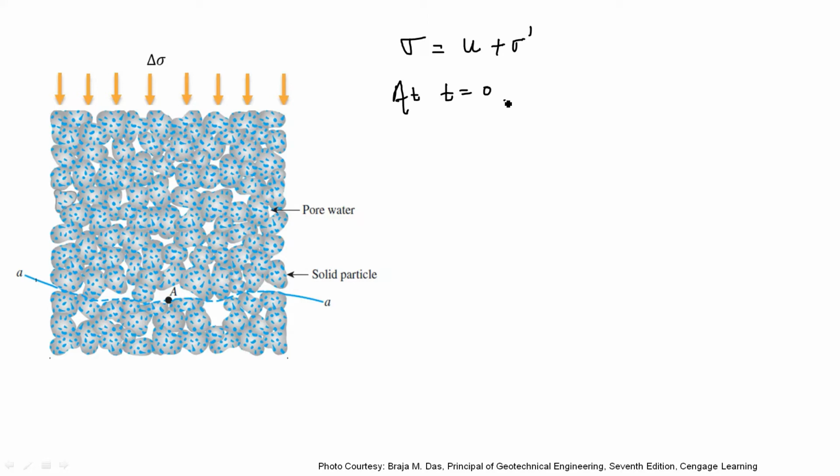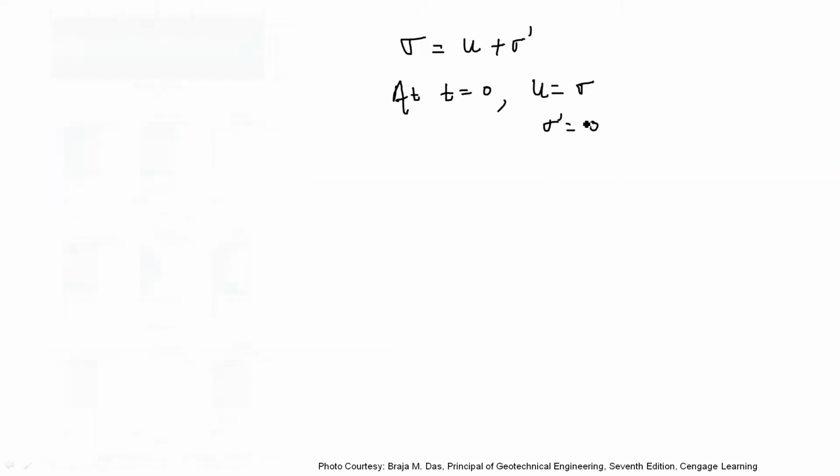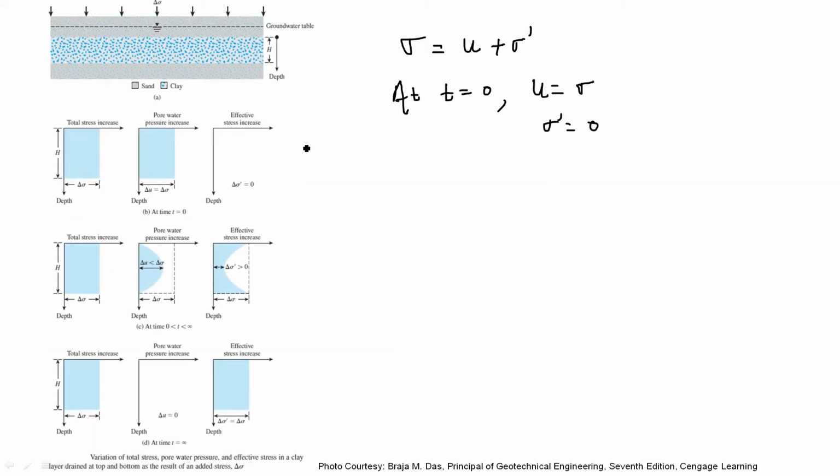So at time t equal to 0, u becomes the total stress. All the incremental load, all the vertical loads transfer to this pore water. That is, at time t equal to 0, u becomes the total stress and the effective stress is 0 at that time, as you can see in this figure also.